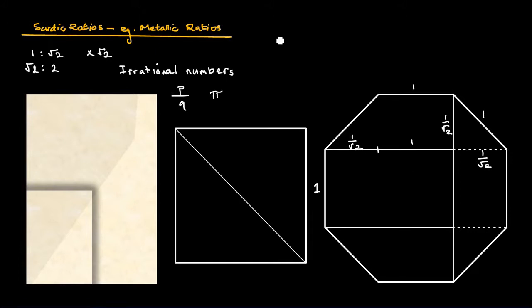So actually what we've got for the silver ratio, let's call it the ratio, is 1 to 1 plus these two 1 over root 2's.